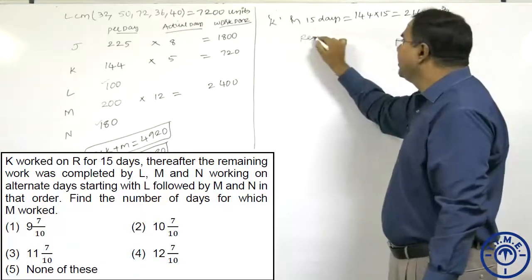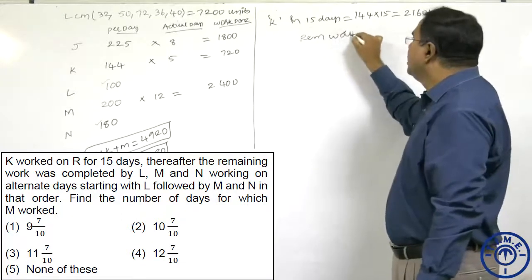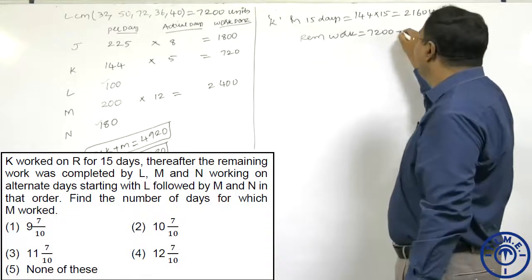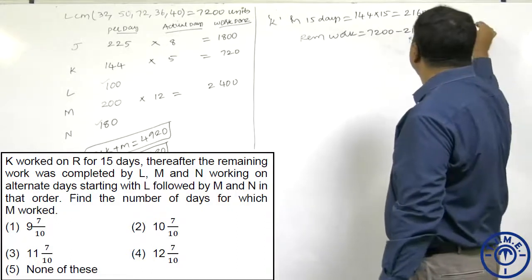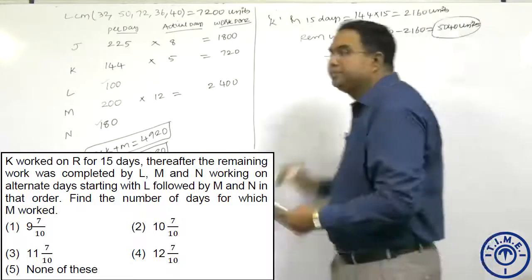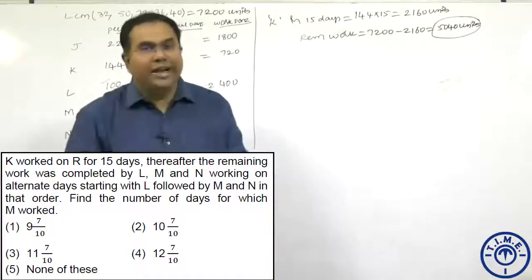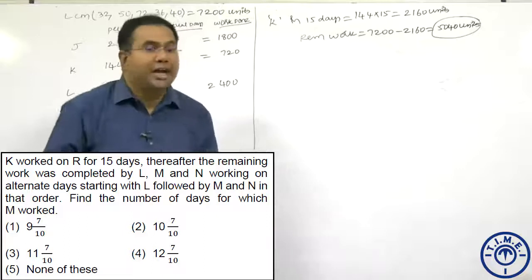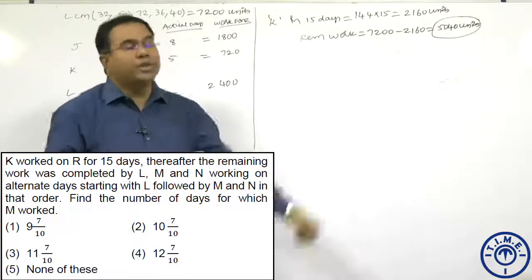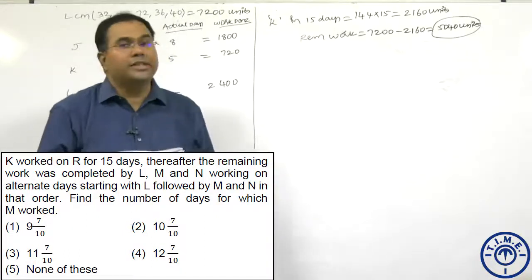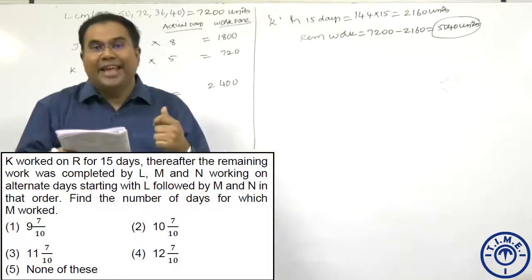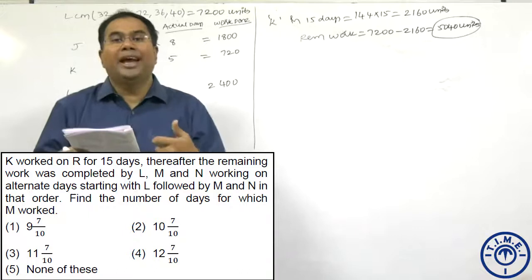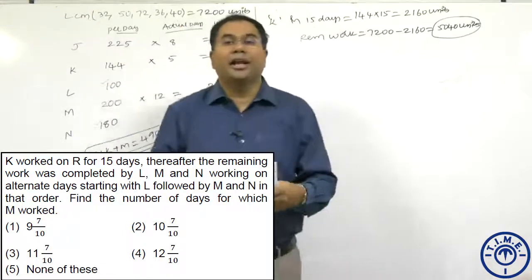So, the remaining work is 7200 minus 2160, which is 5040 units. This work was done by L, M, N working on alternate days.